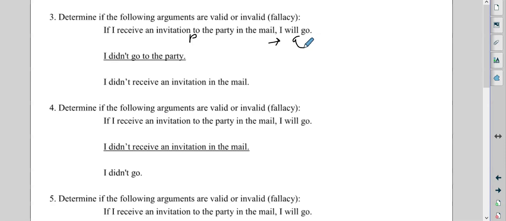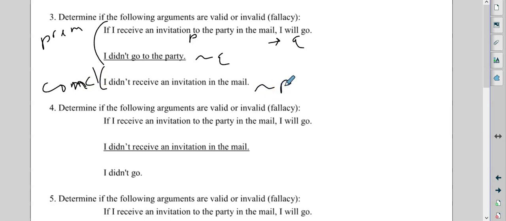Notice this is tied into my Q, so this would be a not Q. I did not go. So again, these are my premises, and this is my conclusion. The conclusion is I did not receive an invitation. So that's not P.